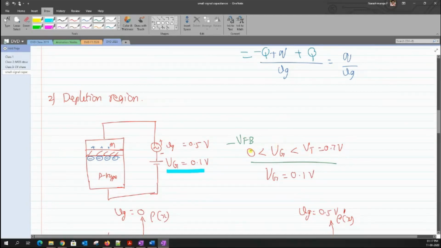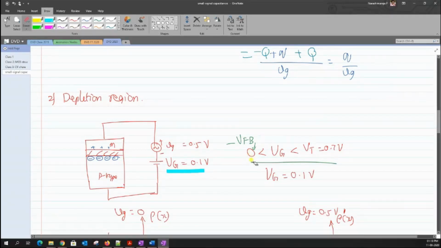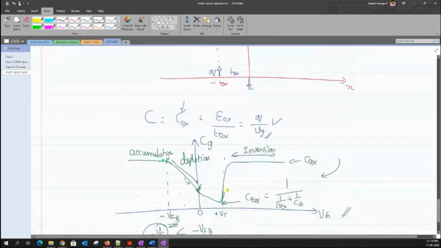So instead of writing minus VFB, I just wrote 0 to make our thinking a bit easier, nothing else. In general, the depletion region does not start from 0, but from minus VFB itself.